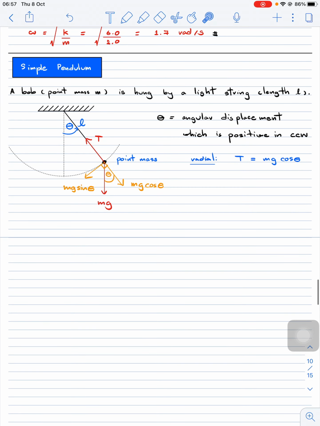But one thing which is quite, I would say, funny is that the tension depends on theta. If theta is small, then the tension is going to be large. But if theta is large, the tension is going to be small.